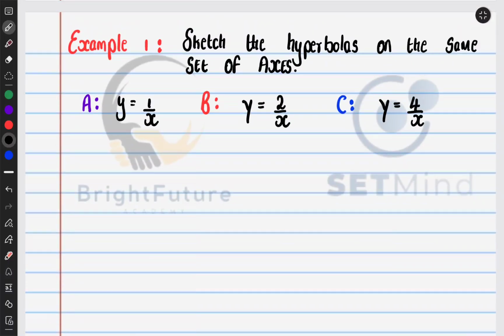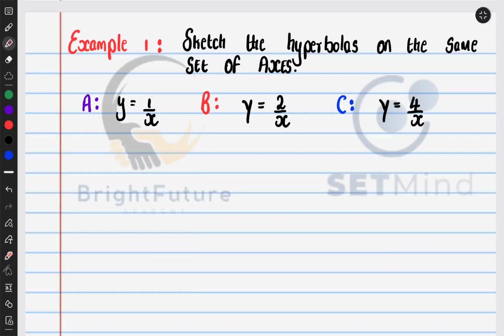So with example number 1, sketch the hyperbolas on the same set of axes. We are given multiple functions, a, b, and c, and we are asked to sketch them on the same set of axes.